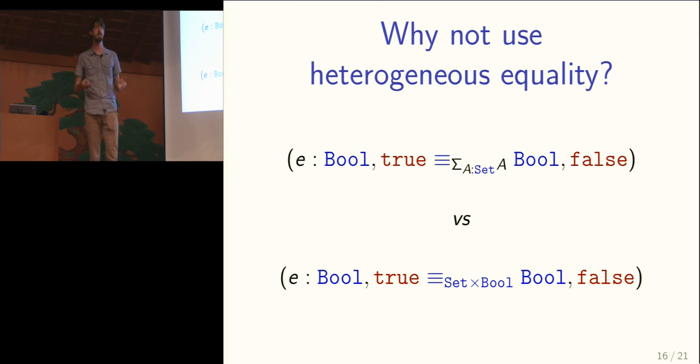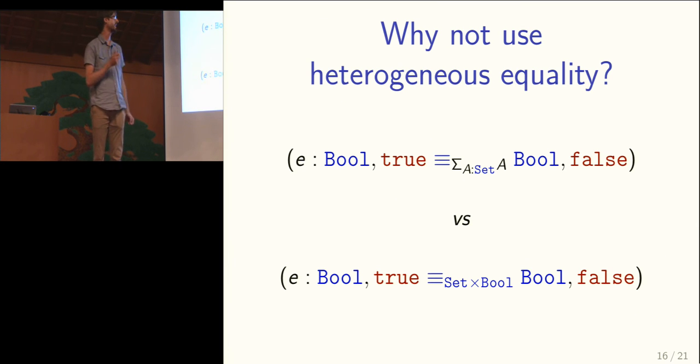We wouldn't see the difference. However, this equation is actually provable if you assume the univalence axiom. On the other hand, this equation is false in any version of type theory. So we really do want to distinguish between the two, and heterogeneous equality doesn't allow us to.